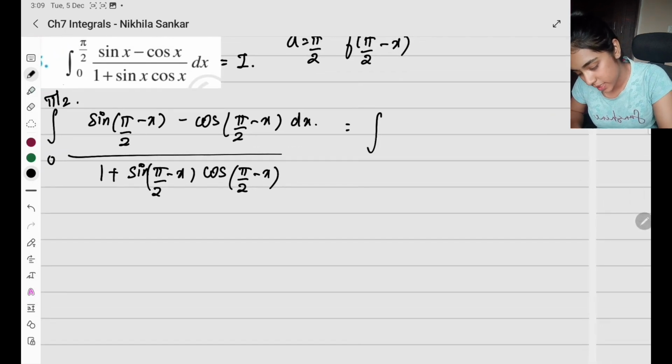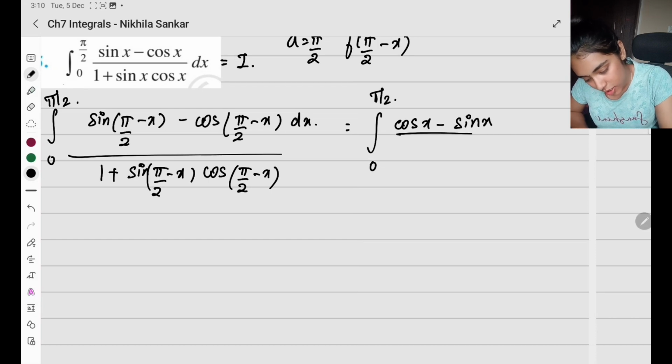So this becomes 0 to pi by 2. Sin of pi by 2 minus x is cos x, minus cos of pi by 2 minus x is going to be sin x. The denominator is 1 plus cos x sin x times dx.